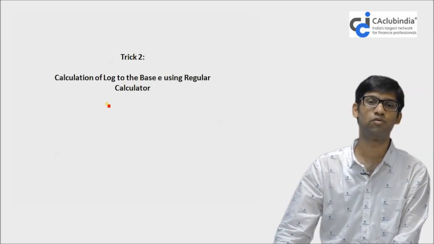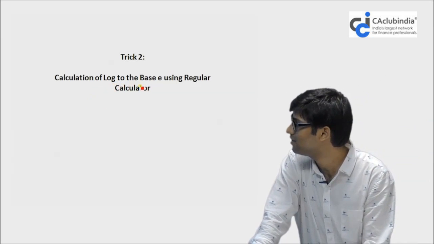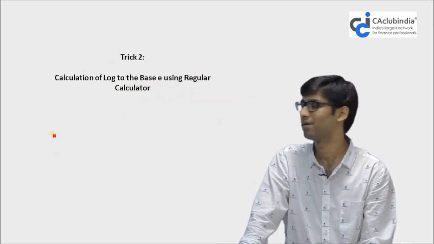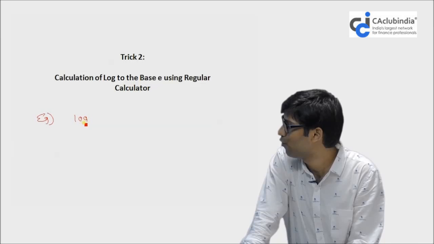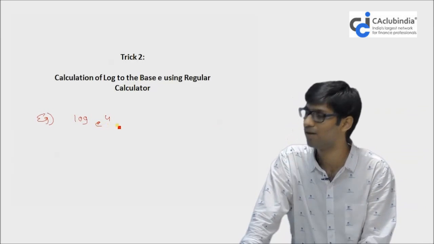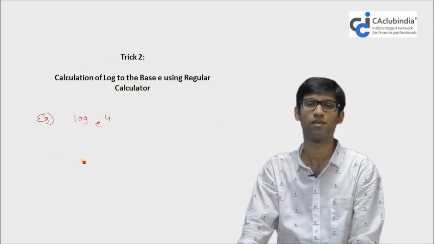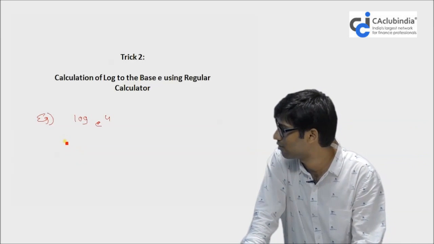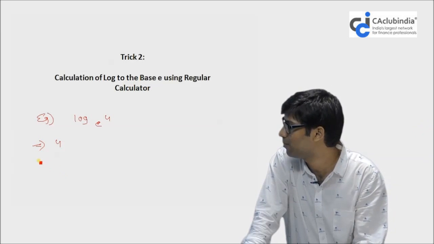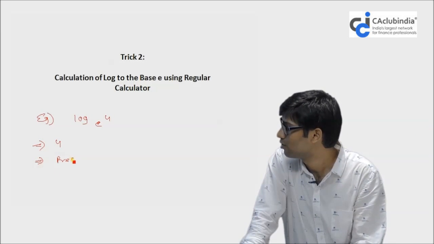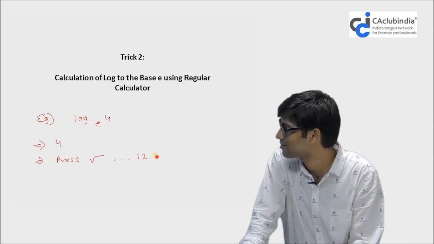Now let us go to our next trick, that is calculation of log to the base e using a regular calculator. Example, I want to calculate log of 4 to the base e using my normal calculator. I don't want to go to the log table, etc. So how to do that, sir? Now what we need to do, take 4 on our calculator. So we press 4. Then we need to press the root sign 12 times.